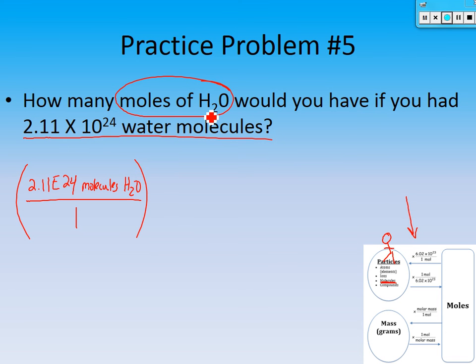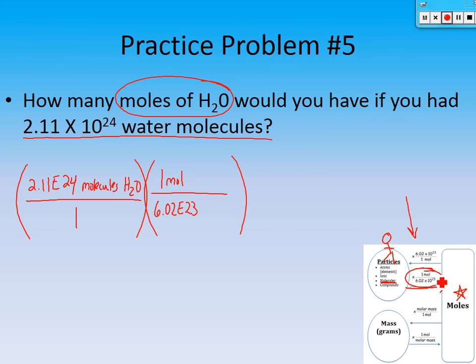So they want us to come down here to moles. So which bridge do I cross? Well, I cross this bottom bridge, and I'm going to use the bottom conversion factor this time. So 1 mole over Avogadro's number. So let me put that in. 1 mole goes on top, and now Avogadro's number goes on the bottom. Again, I didn't include the units for your road map because it changes every problem.